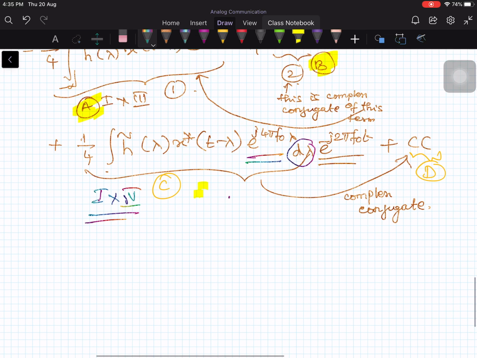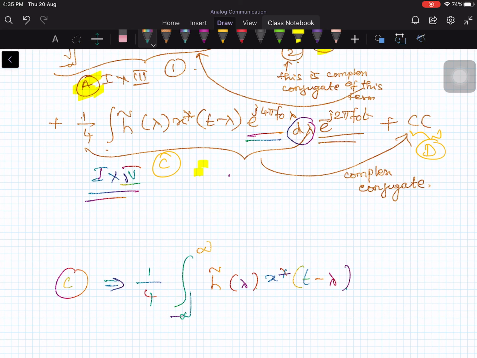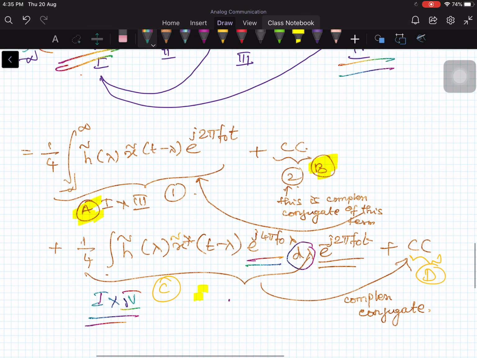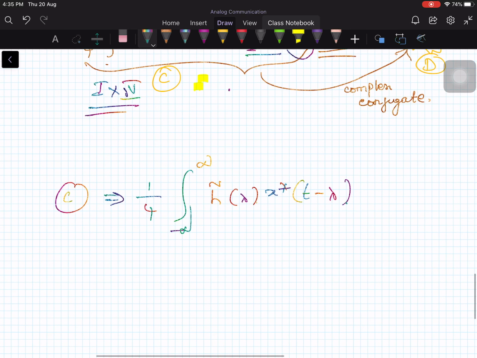Maybe let me write down the C integral separately. The C integral is 1 over 4 integral from minus infinity to plus infinity h tilde of lambda times x conjugate of t minus lambda. This is also tilde here, don't forget. That's it. Any other mistake? No. Here also tilde.